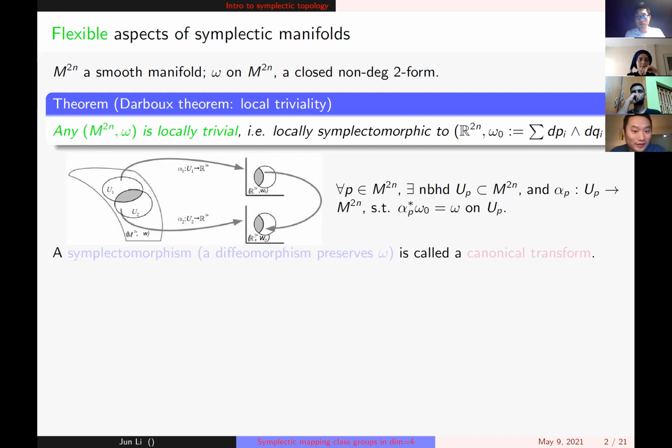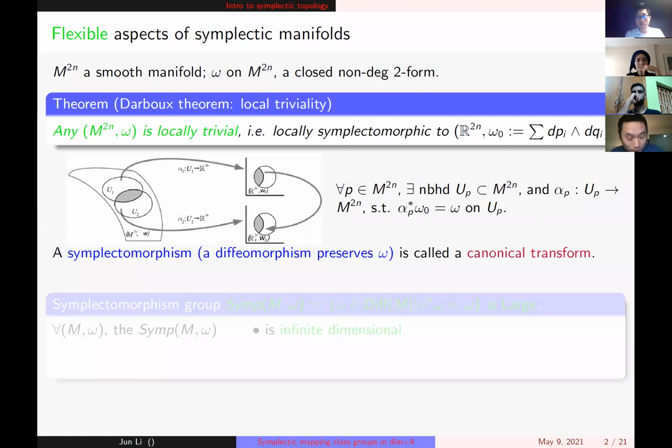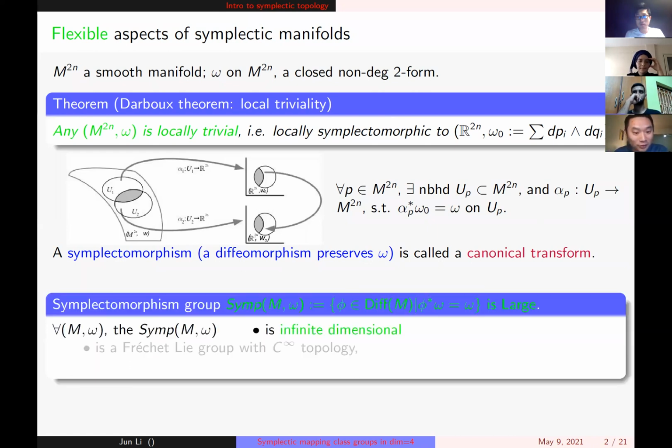If we look at the transition maps of the R^2n's, they are symplectomorphisms, meaning diffeomorphisms preserving this omega_0. In mechanics, this is a nice map called a canonical transformation. In mathematics, if we take the collection of such symplectomorphisms, we have the symplectomorphism group, which is also an intensively studied object.